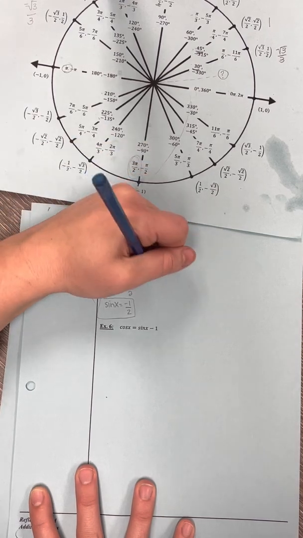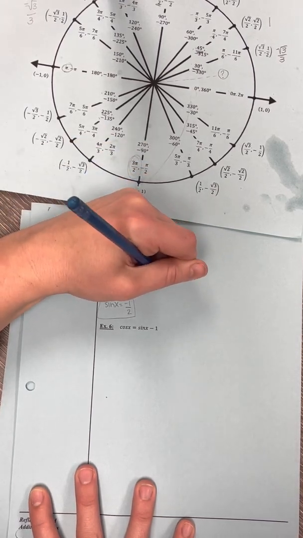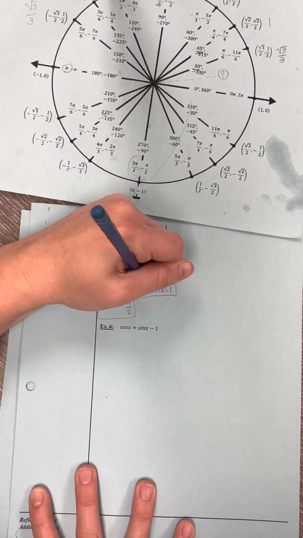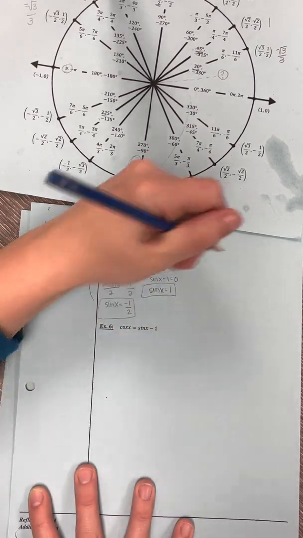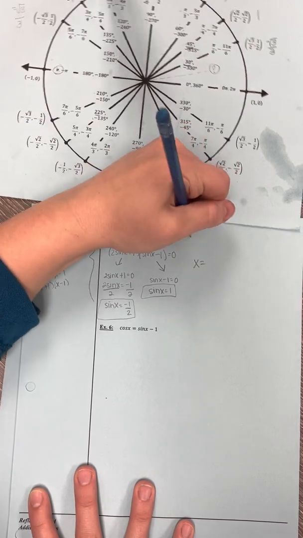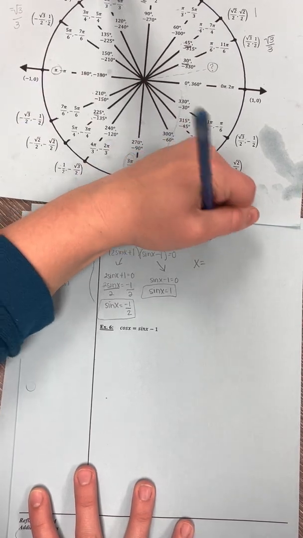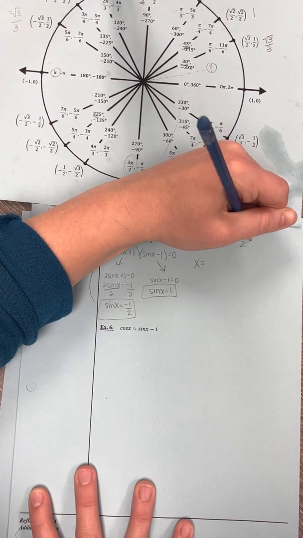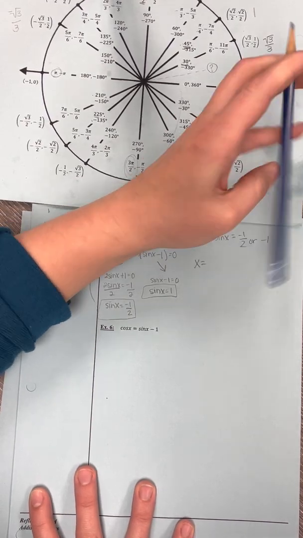All right, and then we have sine x minus 1 is equal to 0, so where sine x is equal to 1. All right, so our x's are where sine x is equal to -1 over 2 or +1.